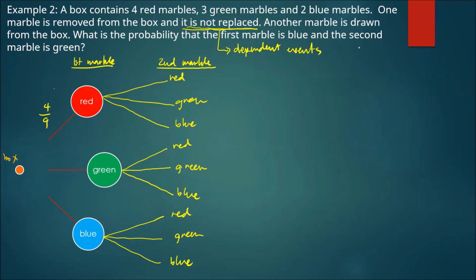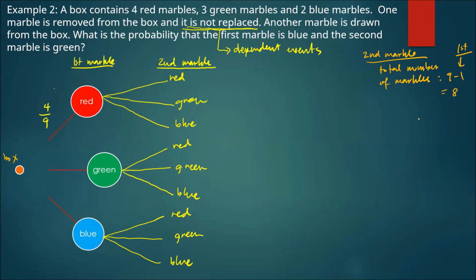Yes, so for the second marble, our total number of marbles will now be 9 minus 1, because we already picked 1 marble from the first one. So we are now reduced to a total of 8 marbles.